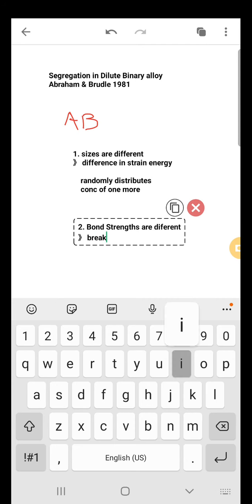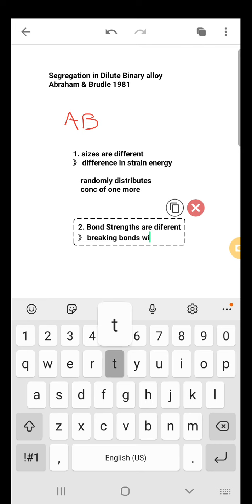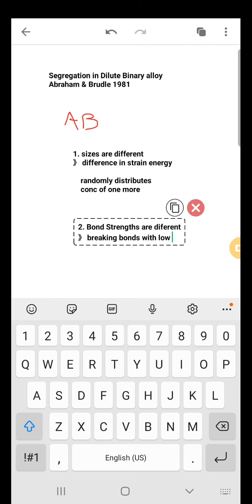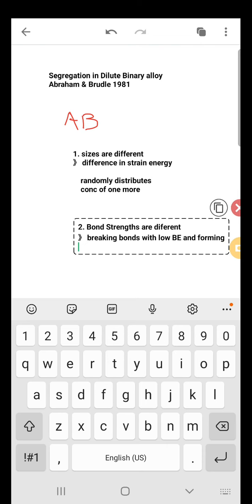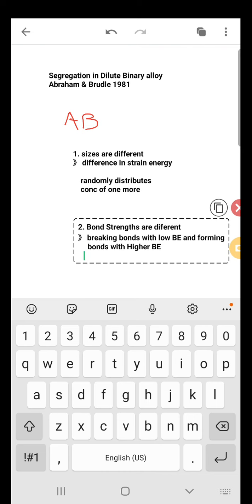So breaking bonds with low binding energies and forming bonds with higher binding energies will ultimately reduce the free energy of the system.